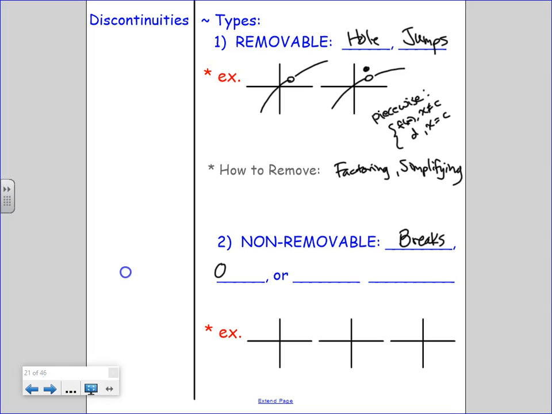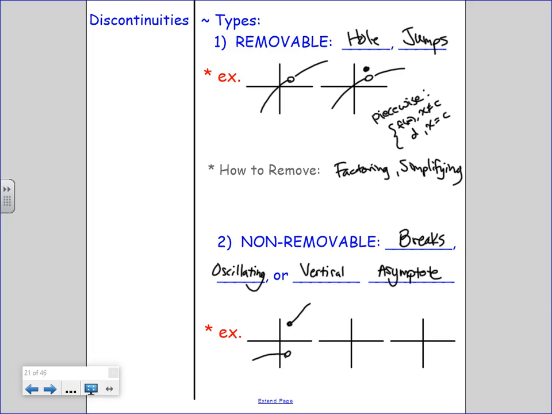Oscillating, they're a break. I can't spell oscillating. Or vertical asymptotes, which would be infinite. So your book has a bit more technical language in the sense of what these discontinuities are technically called. Their category is non-removable, but they are oscillating discontinuities, infinite discontinuities, which are vertical asymptote discontinuities, and break discontinuities. The break is just the typical case, where the limit doesn't exist because it's a piecewise function and what it's approaching from either side doesn't agree.